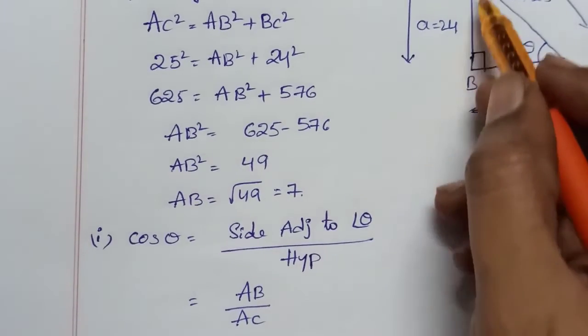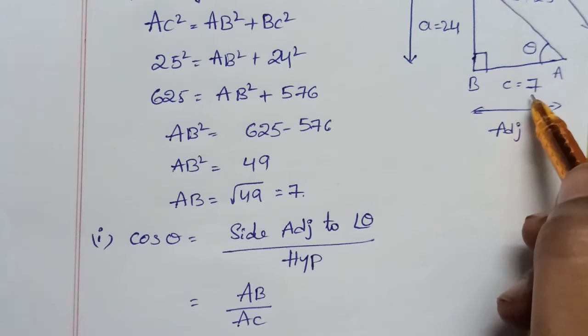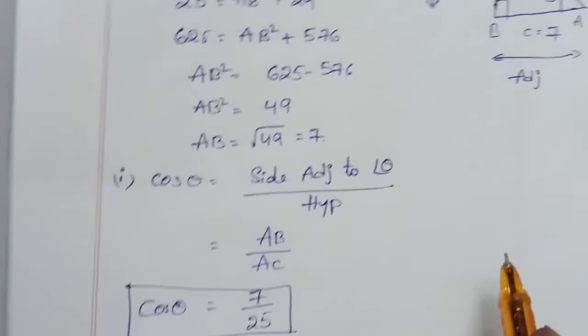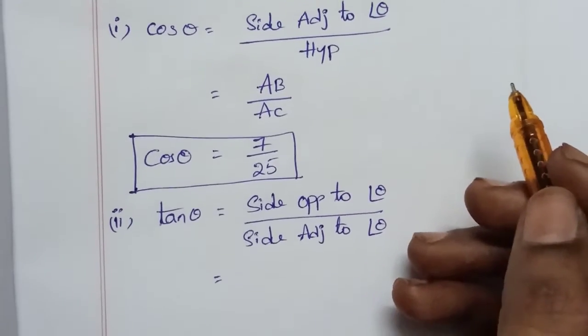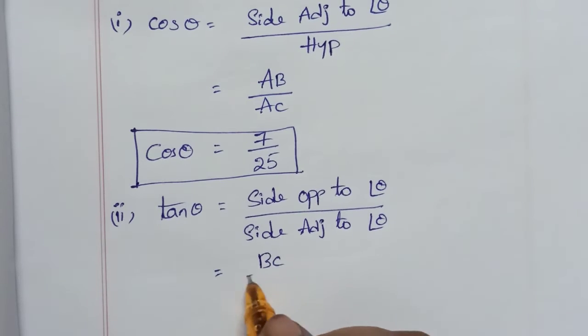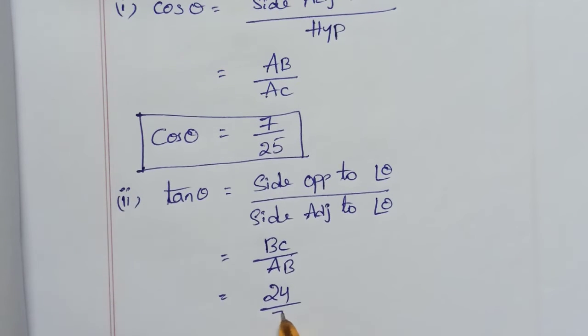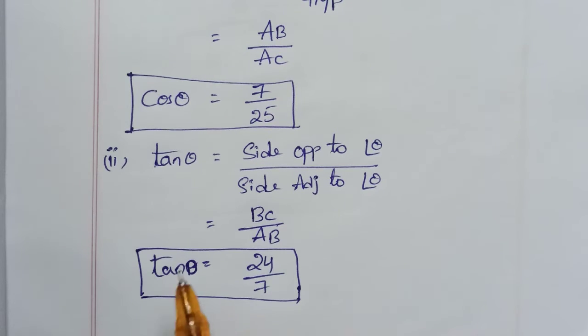Here opposite length is 24 units and adjacent length is 7 units. BC by AB, that is equal to 24 by 7. Therefore tan theta is equal to 24 by 7.